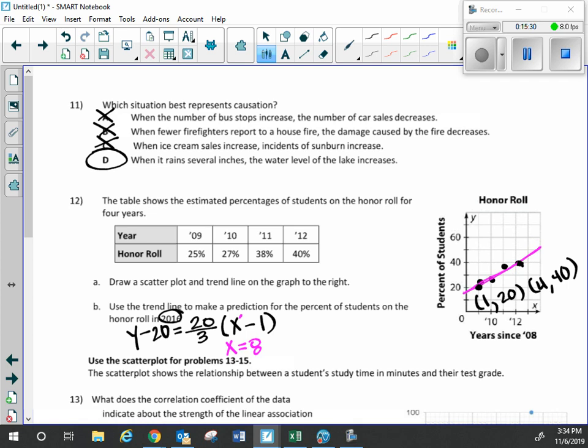So replace this with 8. 8 minus 1, 7. 20 thirds times 7 is 140 thirds plus 20. So that comes out to 66.6 repeating percent. So in that neighborhood, because I'm pretty sure my key on Canvas says 75%. All right.